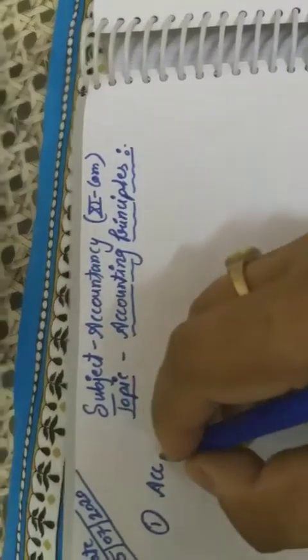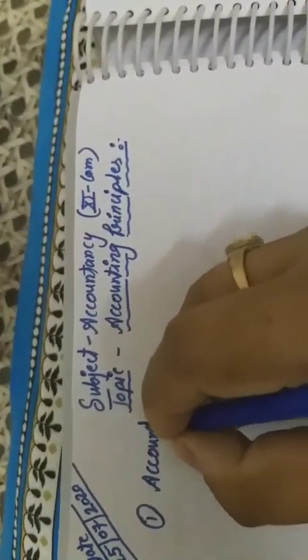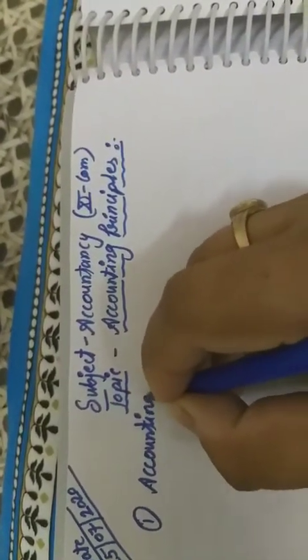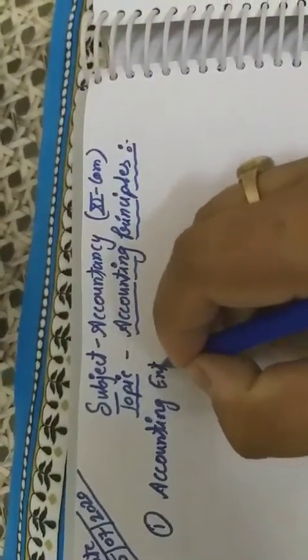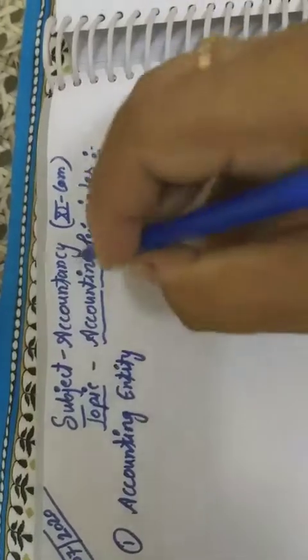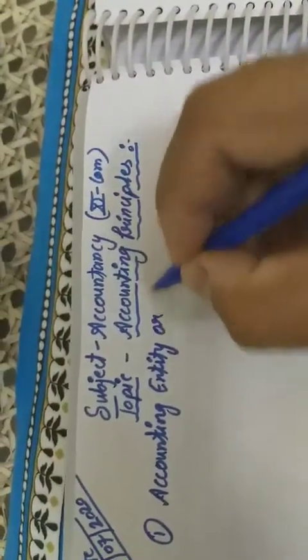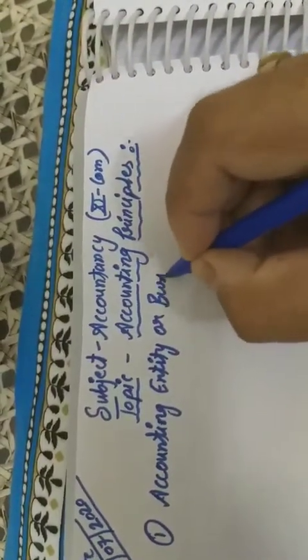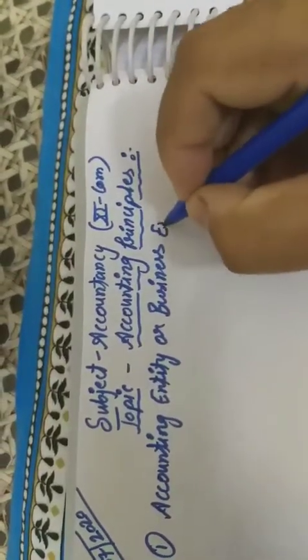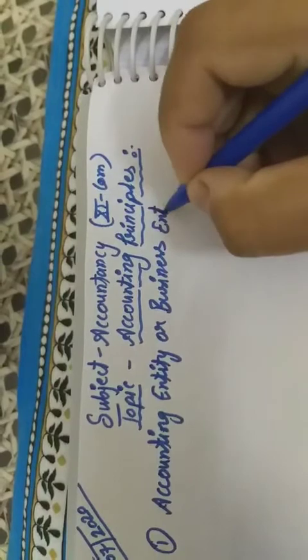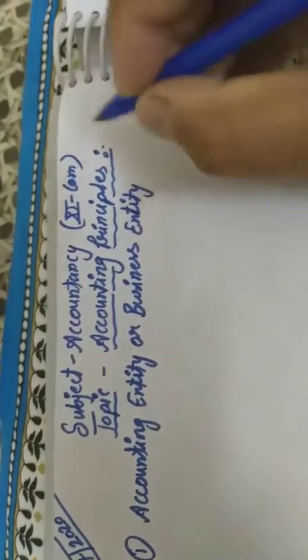So the first principle is the accounting entity or business entity principle.